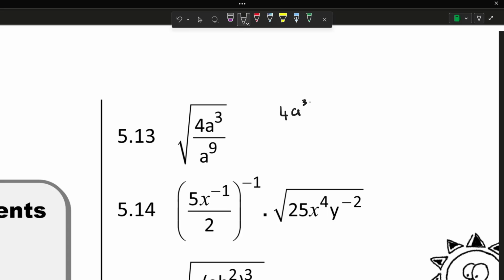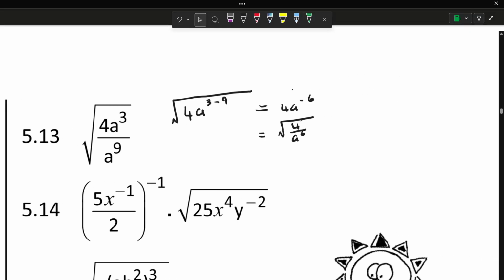And remember, guys, remember your exponent rules, minus 9. So the root's still there. And we're going to say this is equal to 4a to the negative 6. And that'll be equal to the square root of 4 over a to the 6. And then we could say that that is 2 over a to the 3, because 6 over 2 is 3.